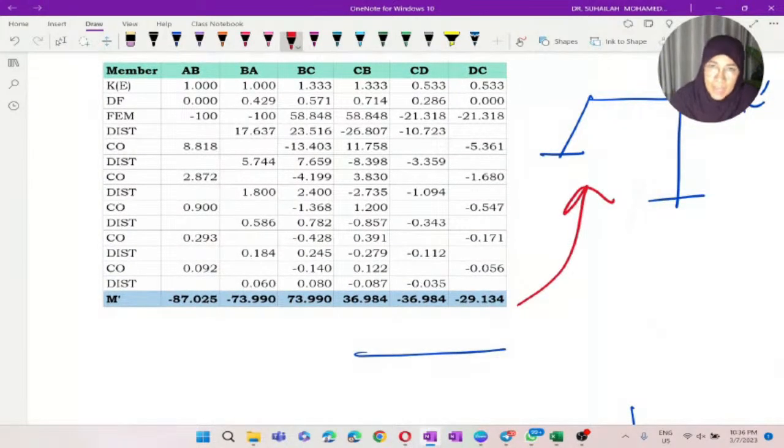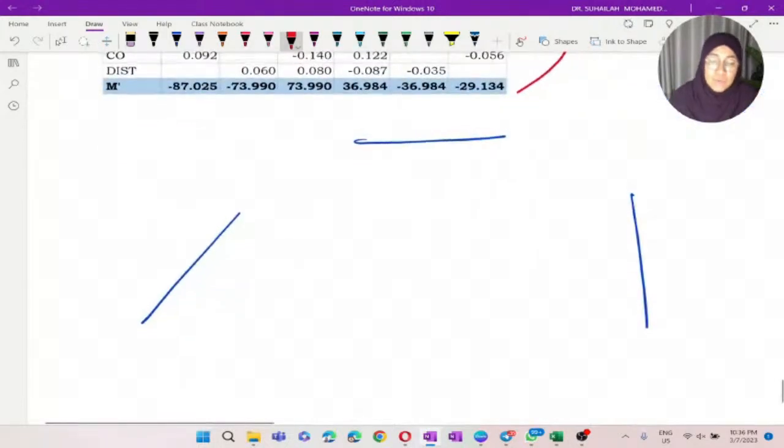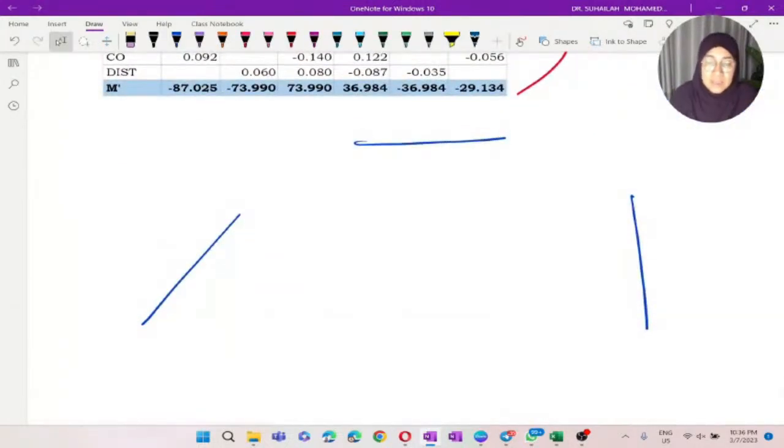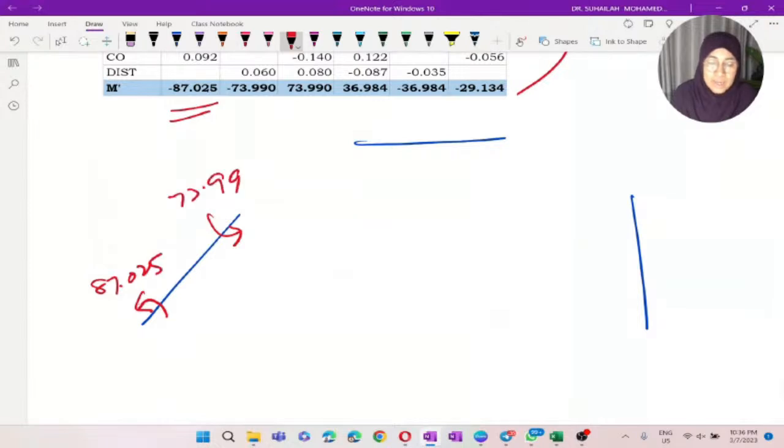What we have is all the end moments. We get negative 87.025 and negative 73.99.